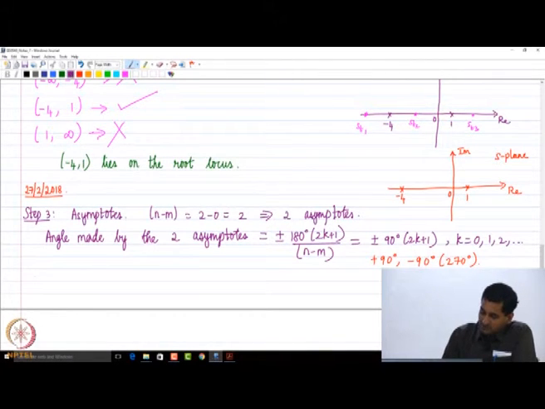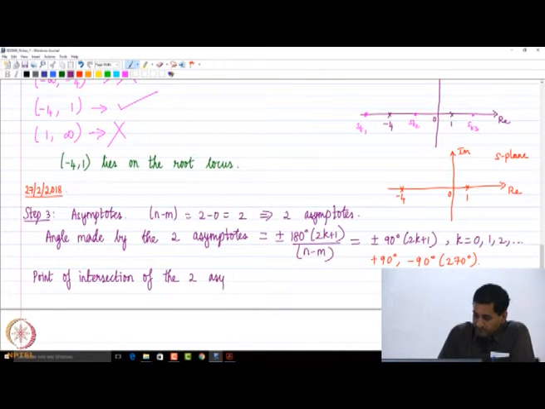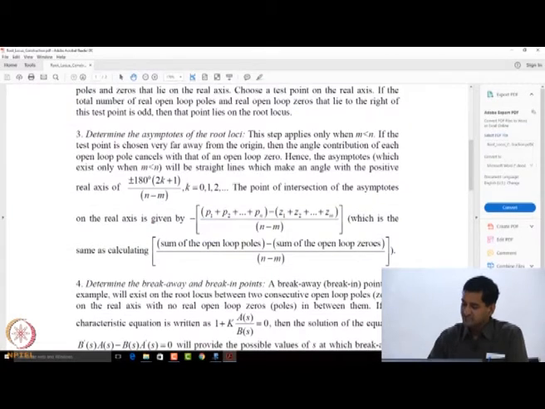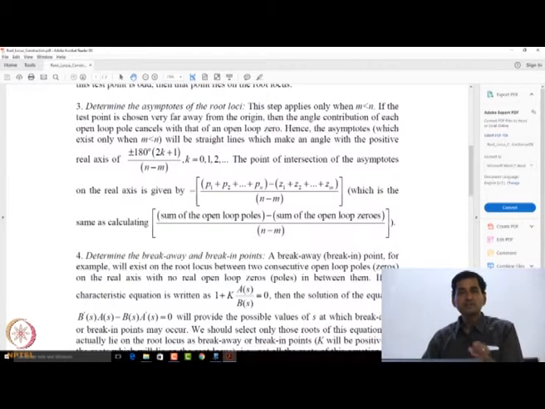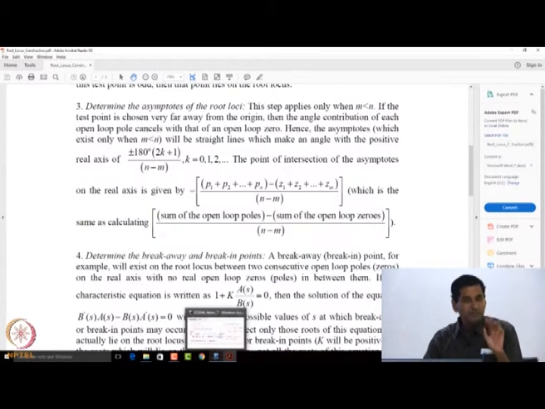Now, the point of intersection of the 2 asymptotes on the real axis, as we looked at in the step, is going to be the sum of open loop poles minus the sum of open loop zeros divided by n minus m. That's the easiest way to remember it.